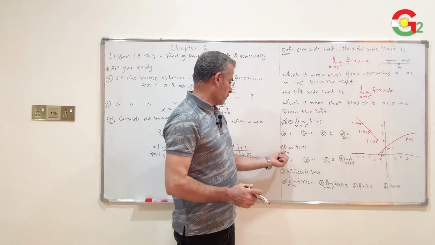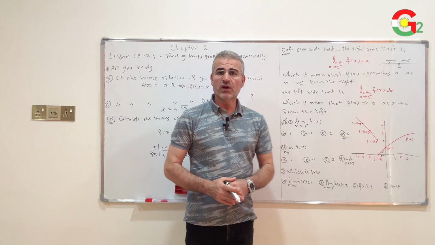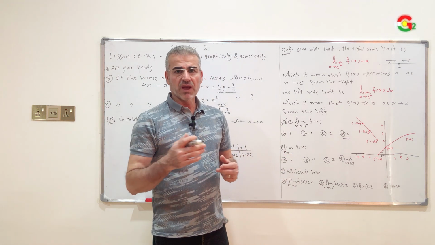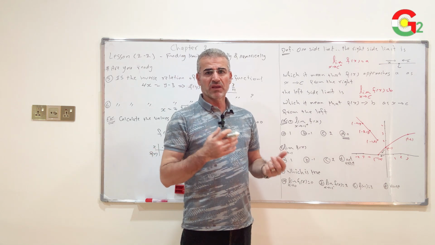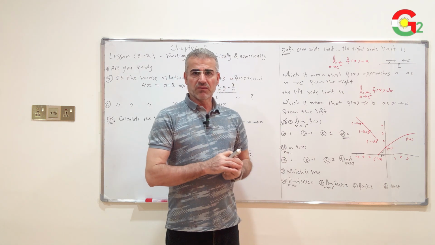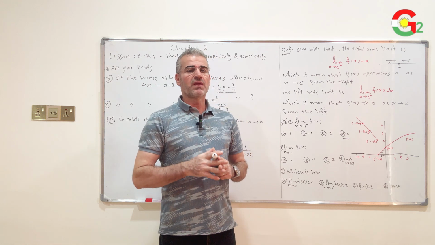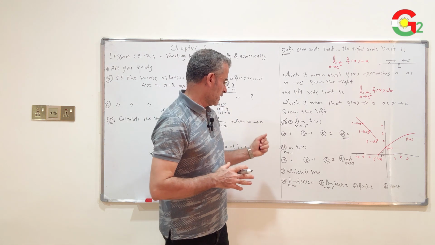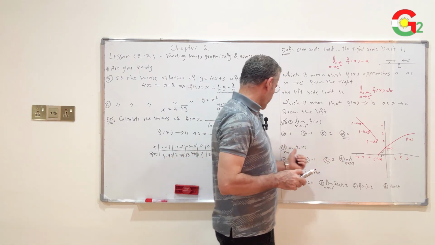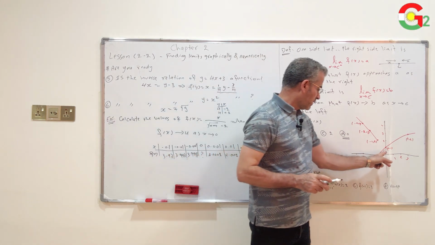Limit of f of x when x approaches -1. When the question is written with x approaching -1 without left or right, it means from left and right. If the limit from the left equals the limit from the right, then the limit exists. If it is not equal, then the limit does not exist. Let us see the limit of f of x from left and right.